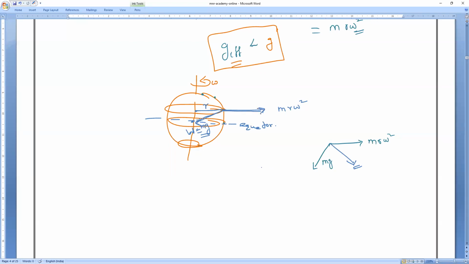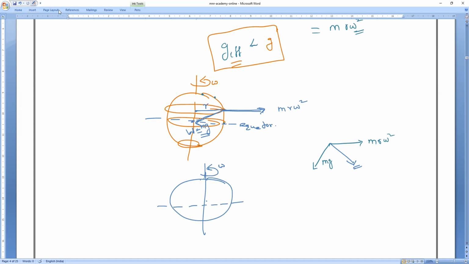Now observe very carefully. Let me take that alone. If I take the Earth, there is an equator line, and it is revolving with the angular velocity omega.